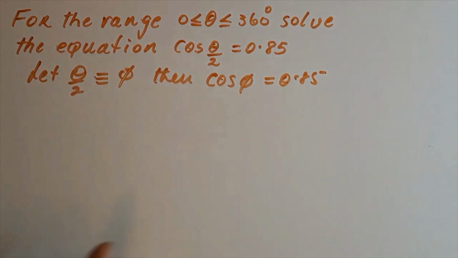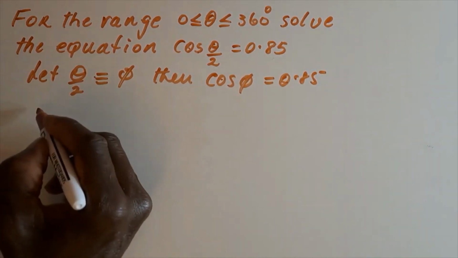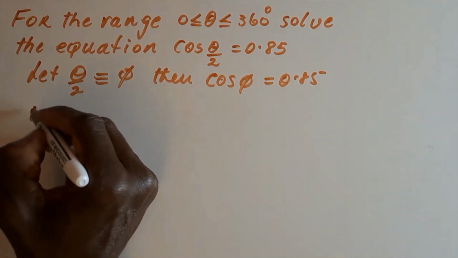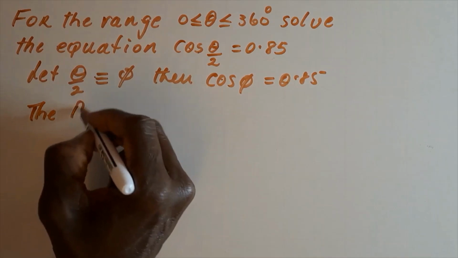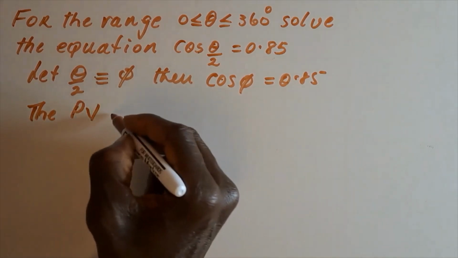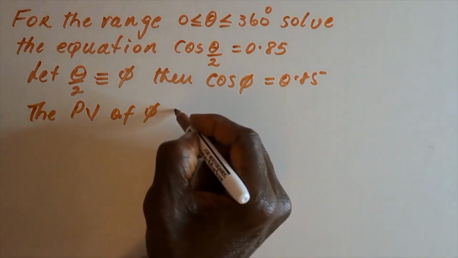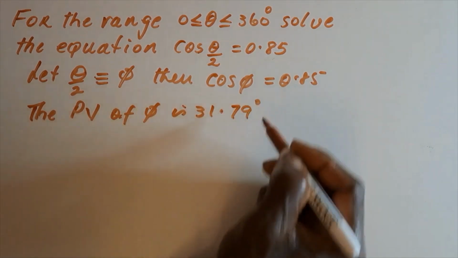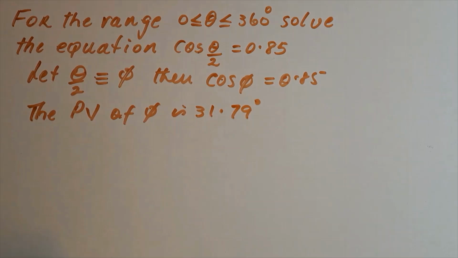The cosine inverse of 0.85 is 31.79 degrees. So the principal value, PV, of phi is 31.79 degrees. Now, the required range is 0 to 360.